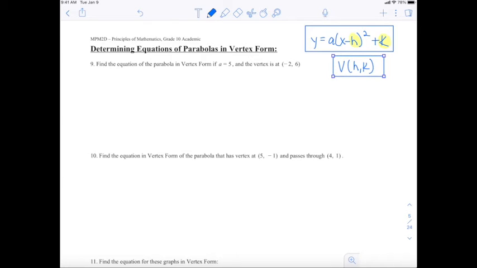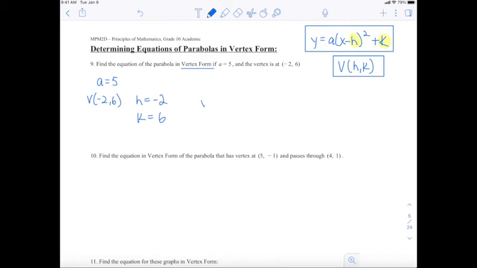So how am I going to use that to answer these questions? So number 9 says, find the equation of the parabola in vertex form if a equals 5 and the vertex is at (-2, 6). So we're given a equals 5, but from the vertex, (-2, 6), we know that h is -2 and k is 6.